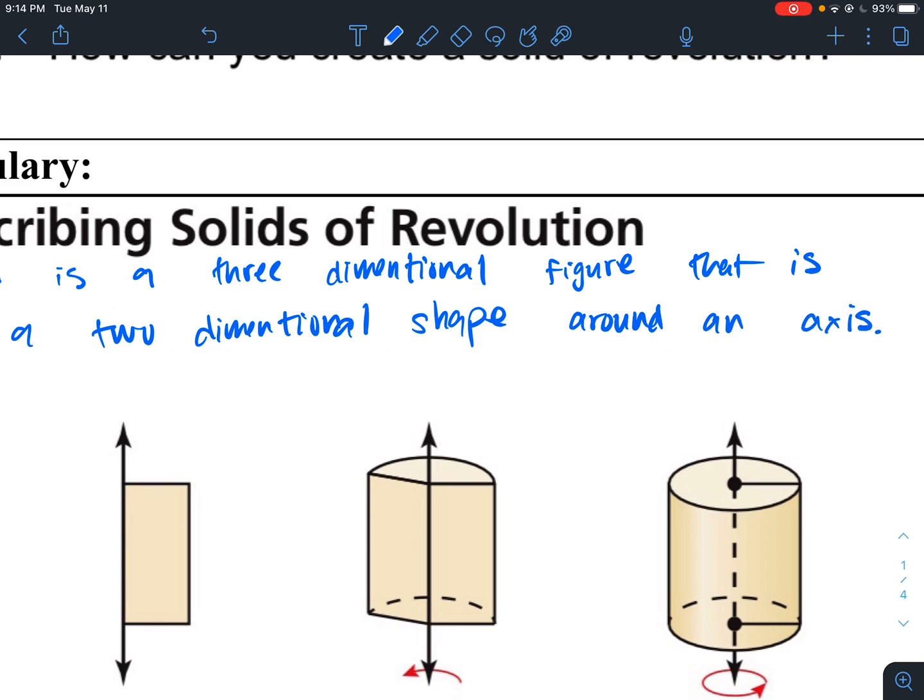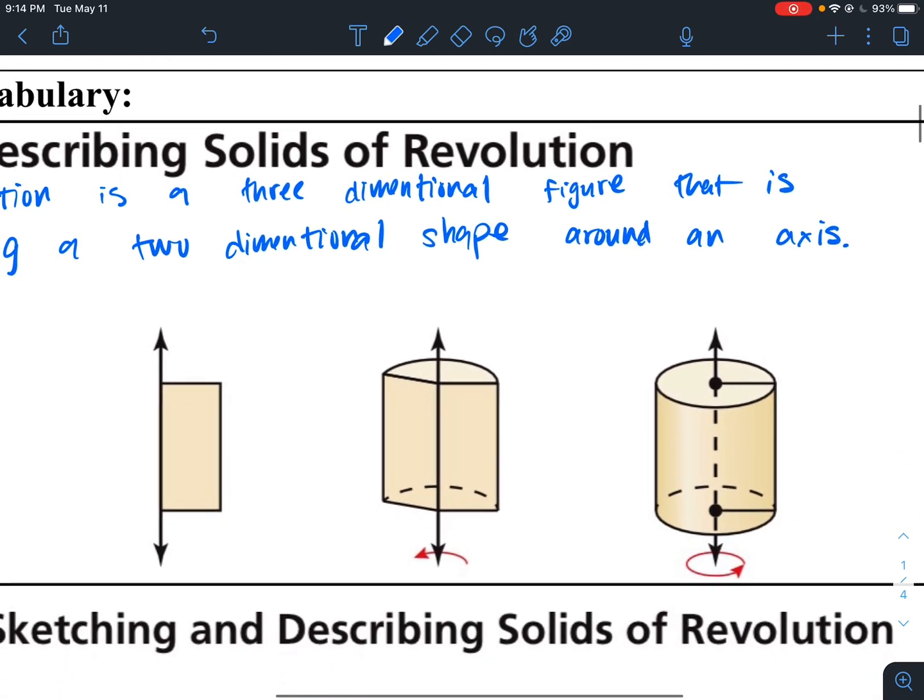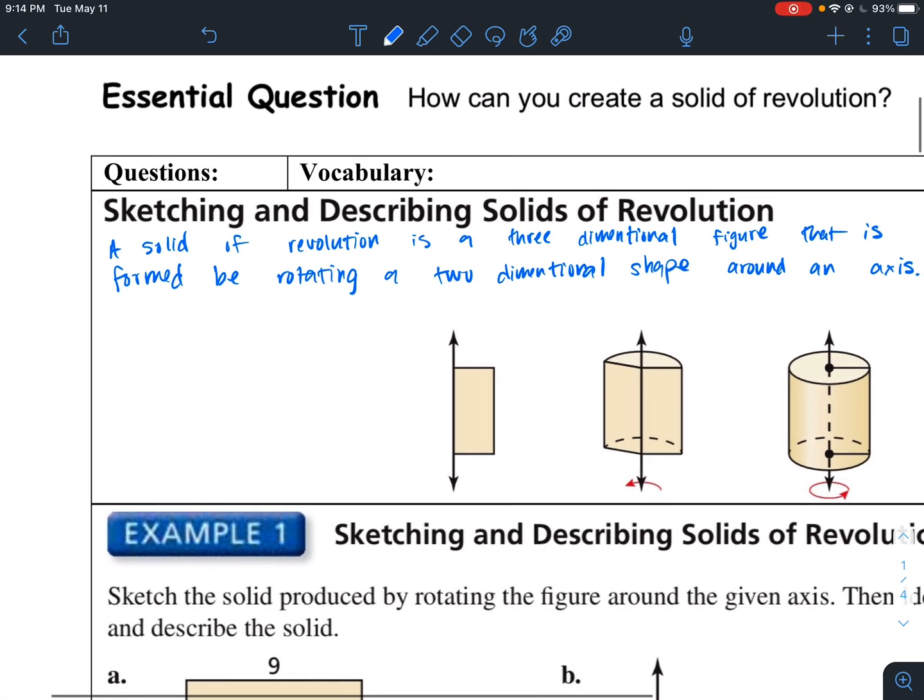We usually call that the axis of revolution, where we rotate it around.